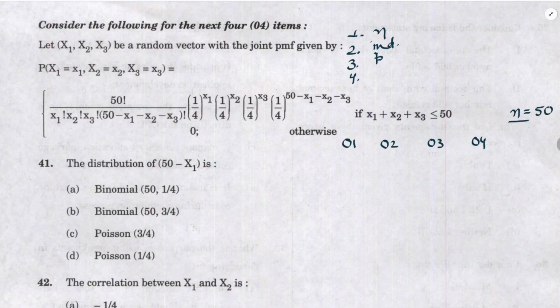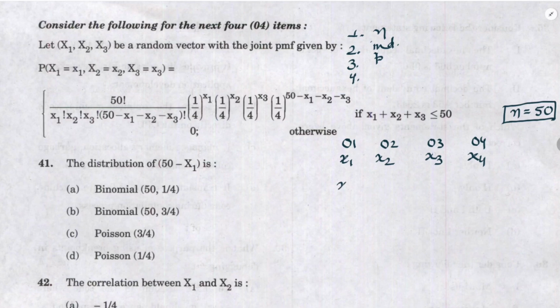Suppose out of these 50 trials the first type of outcome occurs small x1 times, the second type of outcome occurs x2 times, the third type occurs x3 times, and the fourth type occurs x4 times.